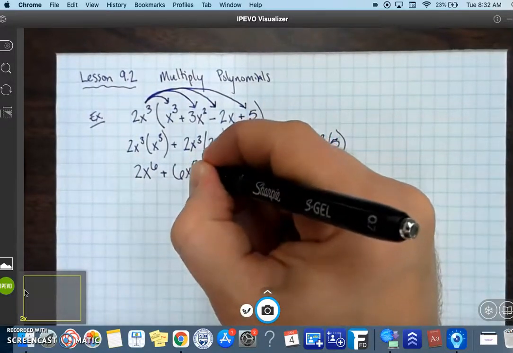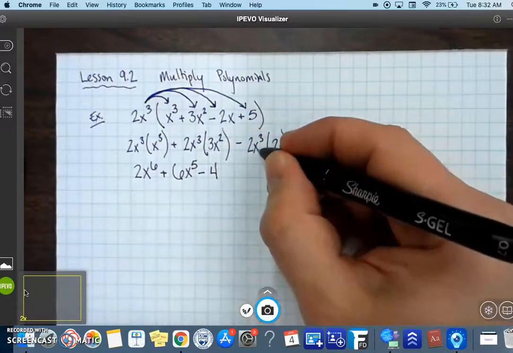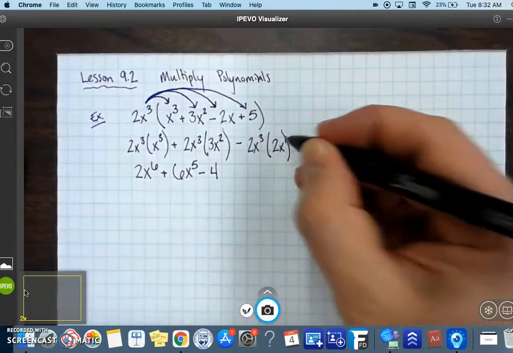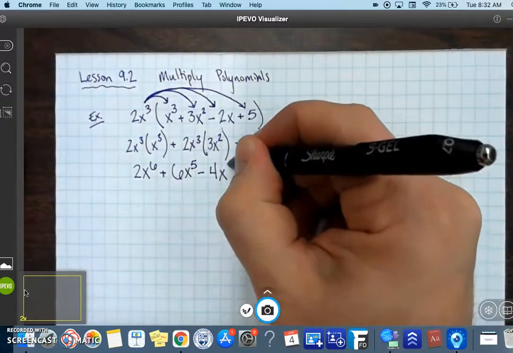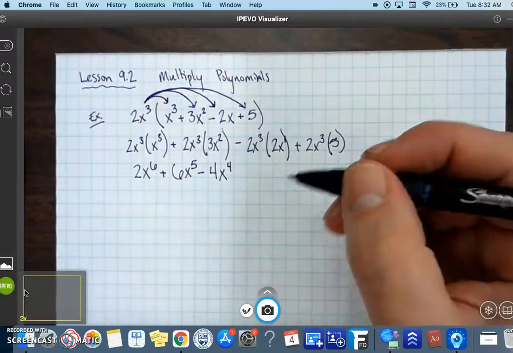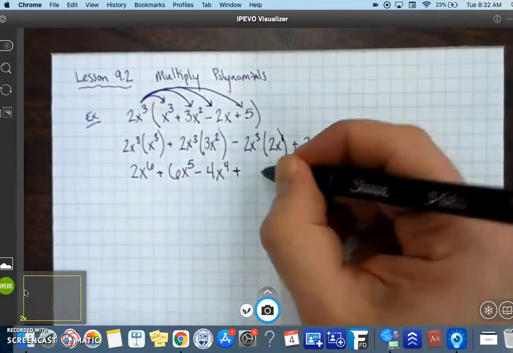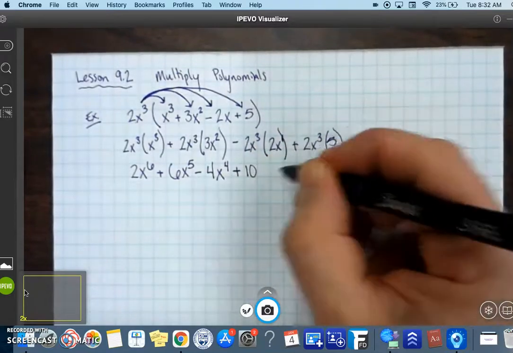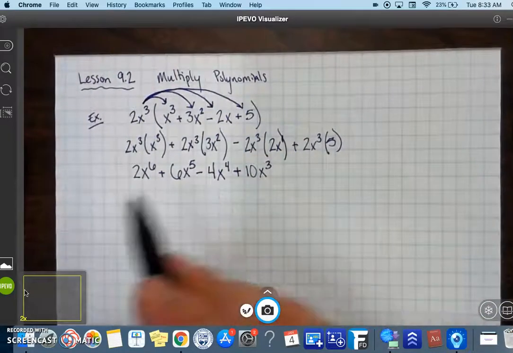So x to the fifth, minus 2 times 2 is 4. Remember, this x is to the power of 1. So this is 3 plus 1, x to the fourth. And then we have last 2 times 5 is 10, x to the third. Okay. And that would be my final answer.